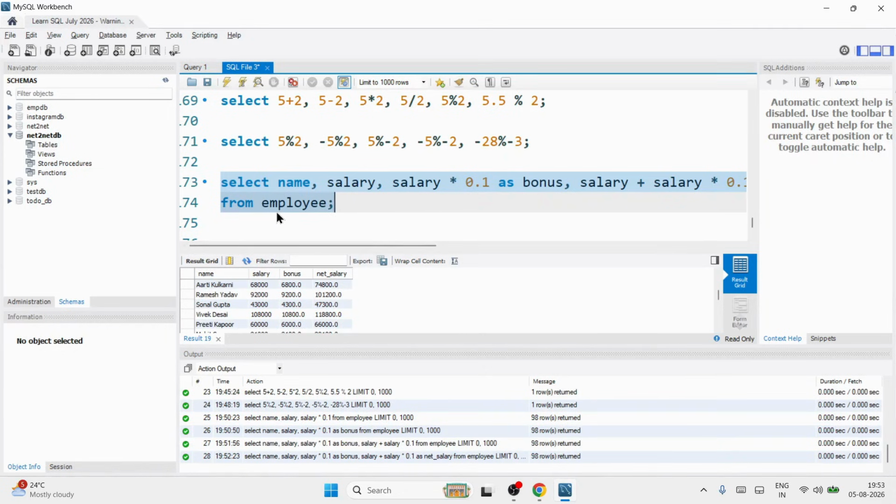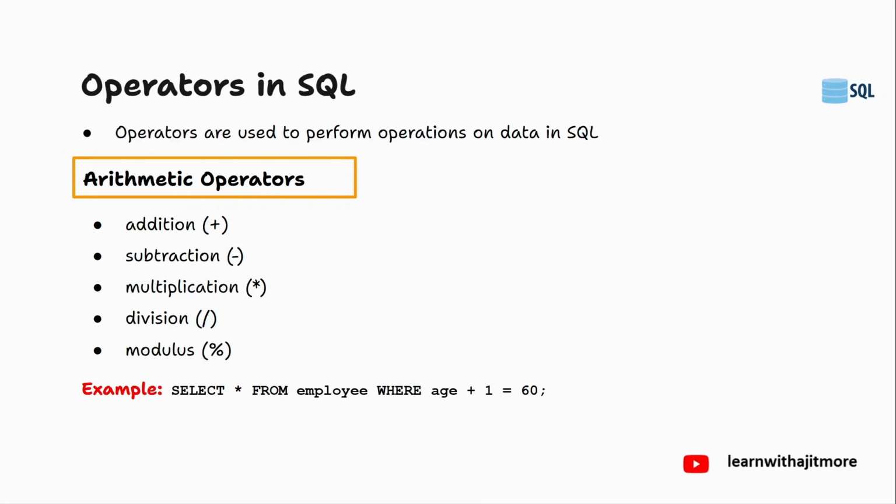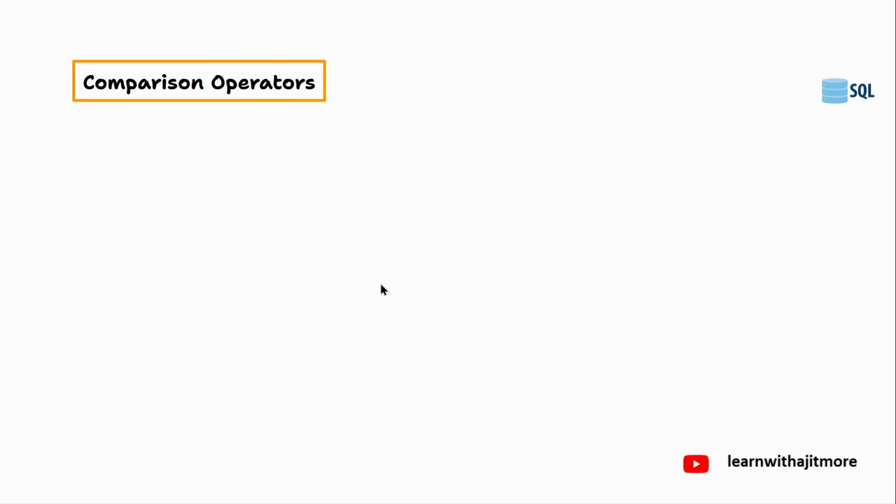The employee table contains 98 records. So on each of the 98 salaries, this formula is applied, and you get 98 outputs. Okay. So arithmetic operators, I hope it is clear. Yes or no?